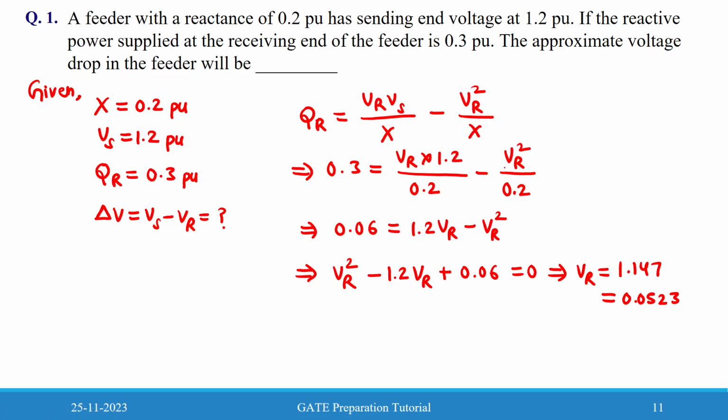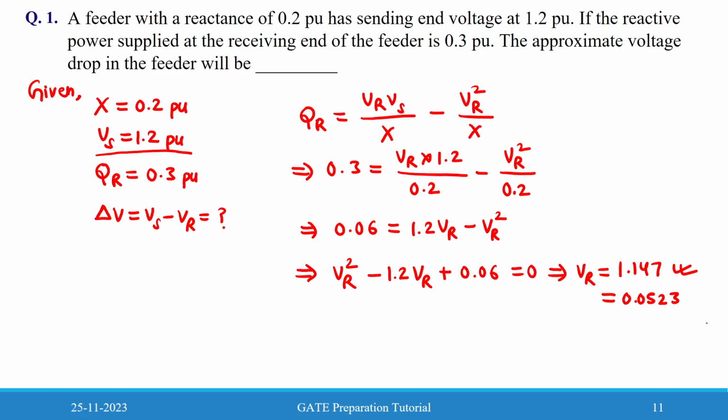So here we have to take the magnitude that is close to the Vs value. You cannot take this VR value as 0.0523 because it is very far from this voltage magnitude. All the bus voltage magnitudes in per unit are approximately near to each other.